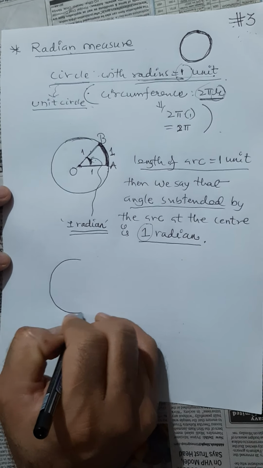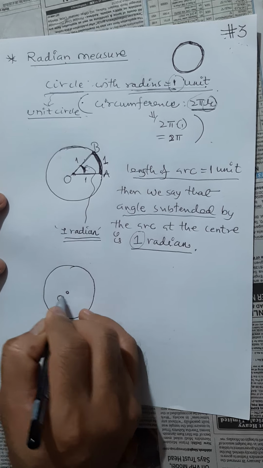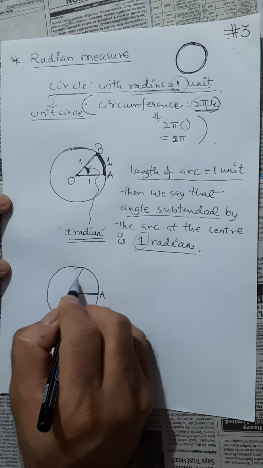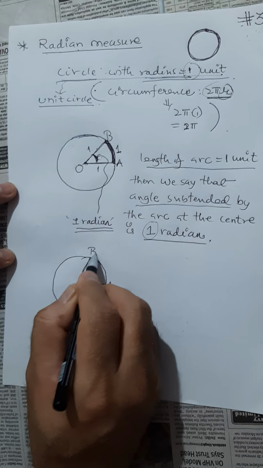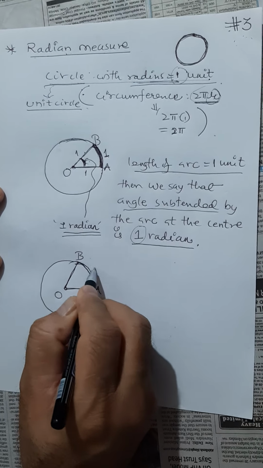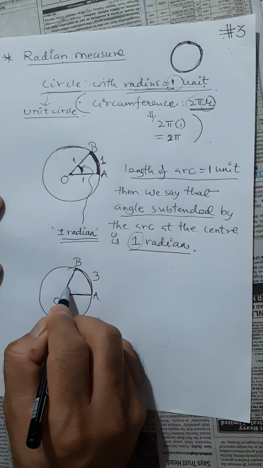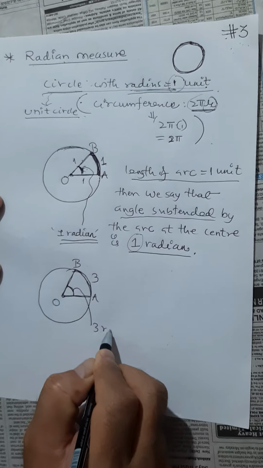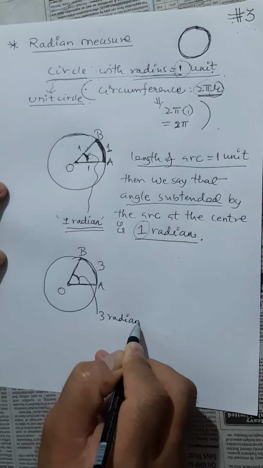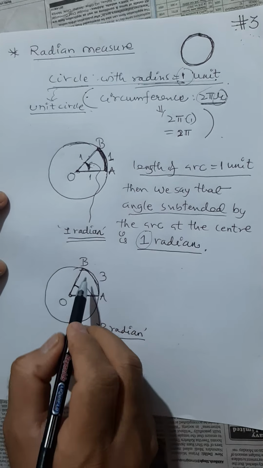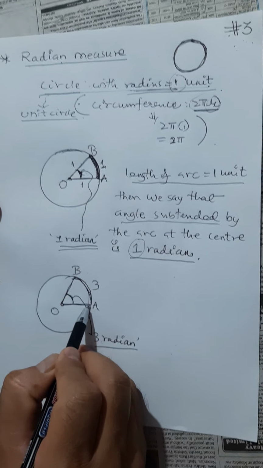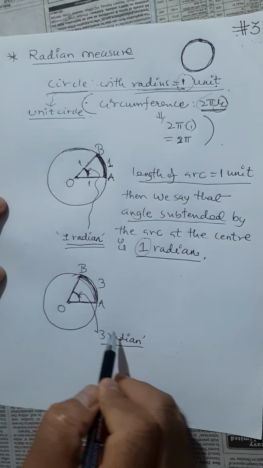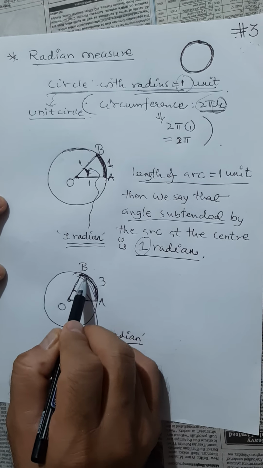If I have a circle like this, if this is the center and this is the starting position, and suppose this is B, if this arc length is, for example, 3 units, then the angle of rotation is nothing but 3 radian. So here we say that the angle subtended by this arc at the center is 3 radian because this arc length is 3.